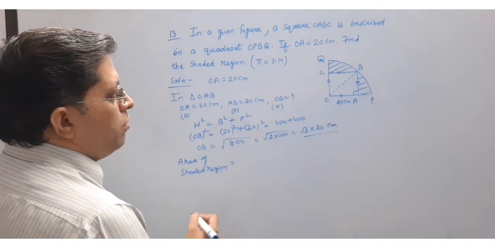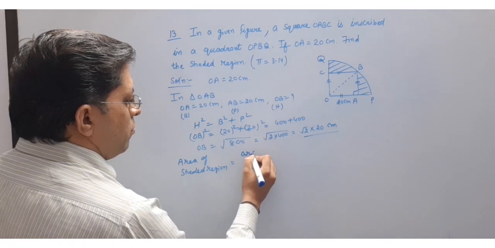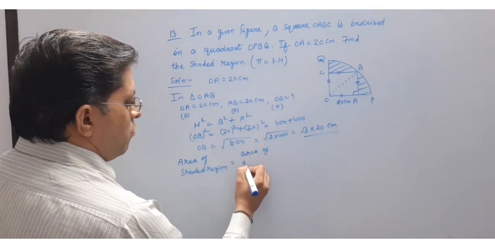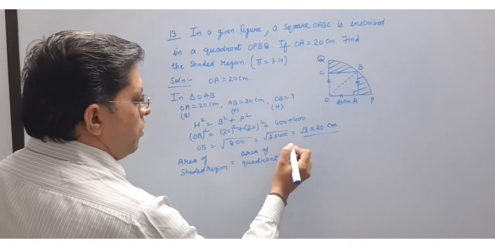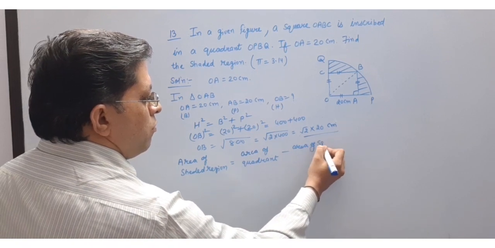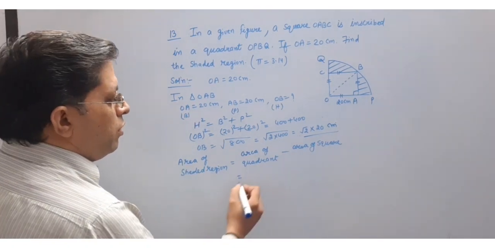What is the area? Area of quadrant minus area of square. Area of quadrant is what?